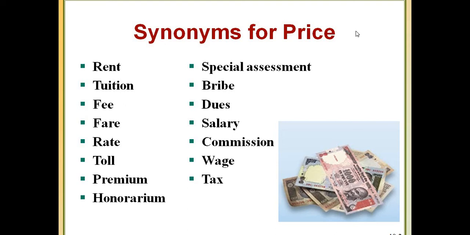So if you deduct the profit part from the price, you're going to get the cost. Basically, price includes the cost plus the profit margin. So cost and price are not the same. Cost is only the manufacturing part. The price is the manufacturing part plus the profit margin for the companies.